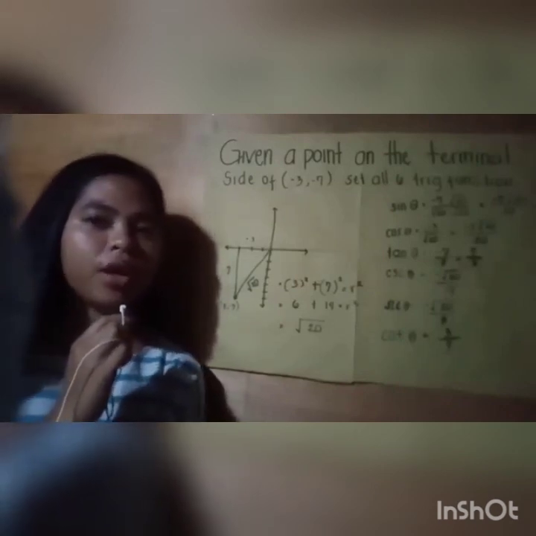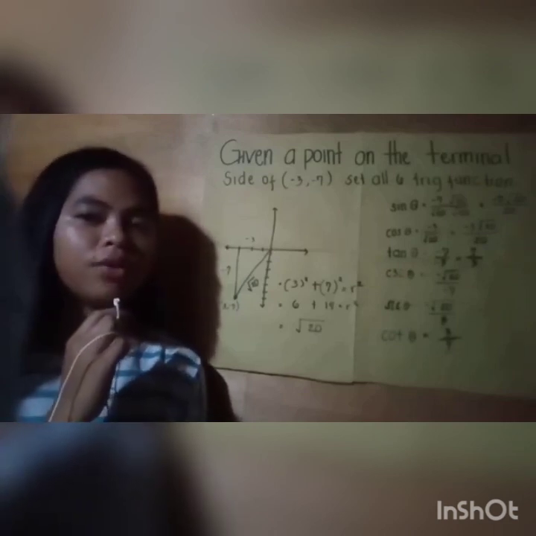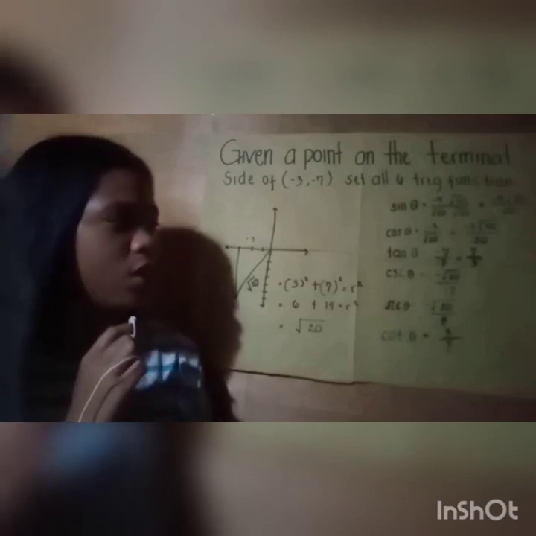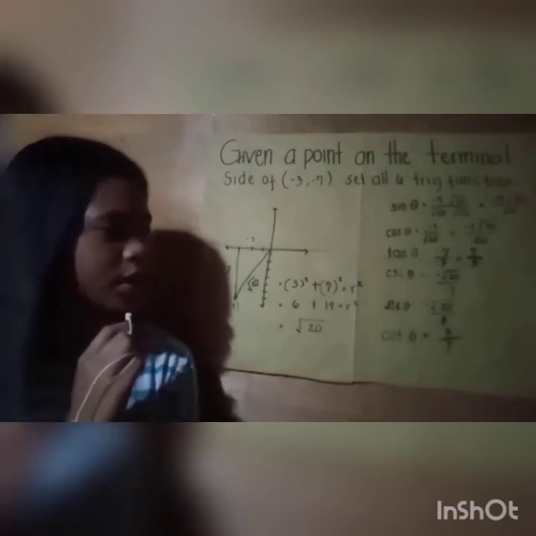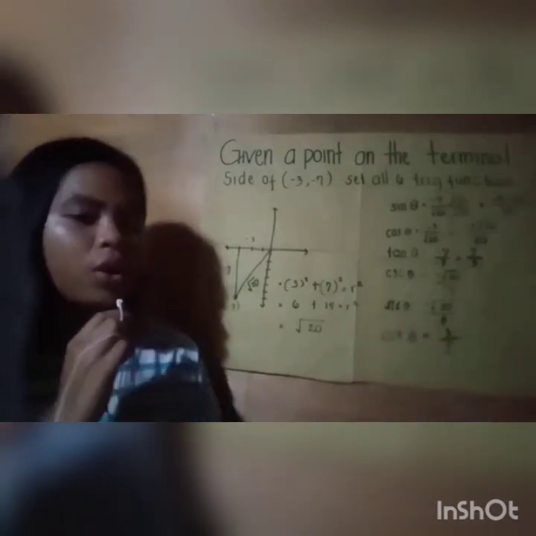The reciprocal of sine is cosecant of theta, with this value flipped, so it's negative square root of 20 over 7. And the secant, we're going to flip negative square root of 20 over 3.